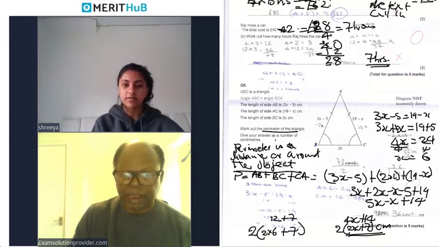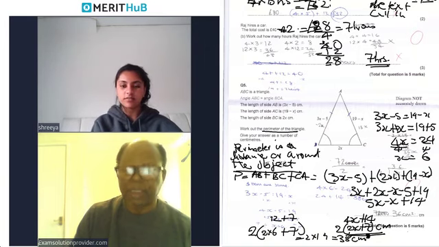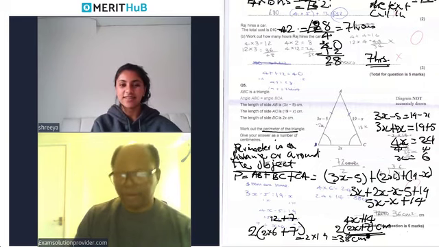Then 2 times 19 is 38. Centimeters, not square centimeters, because it's a perimeter. It's distance. Walking, 1, 2, 1, 2.